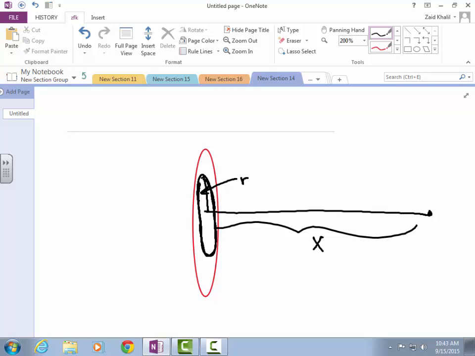All right, so there you go. So this is the hoop. This hoop is little r away from the center. It has a width of dr.